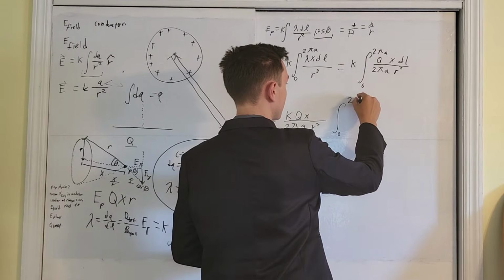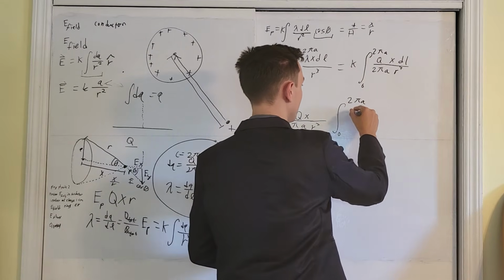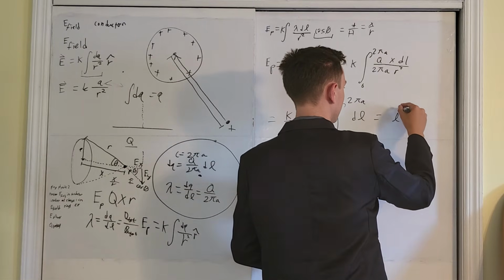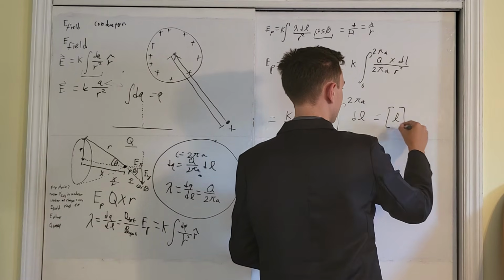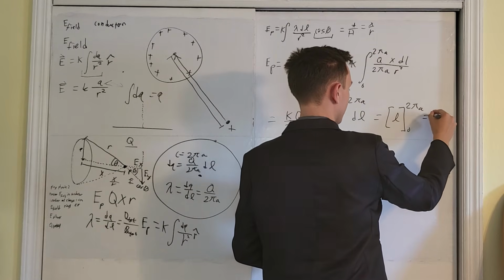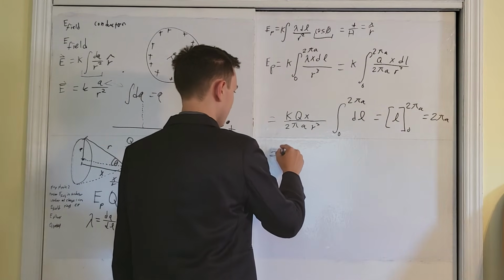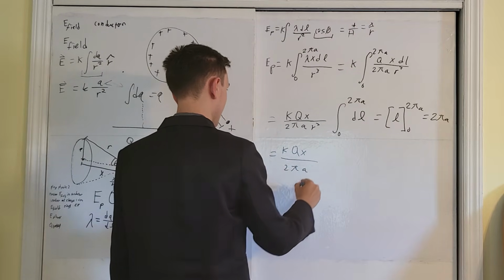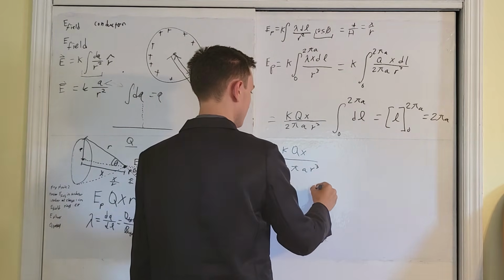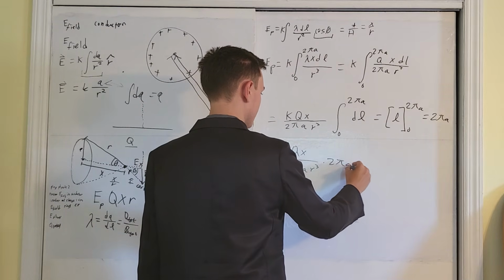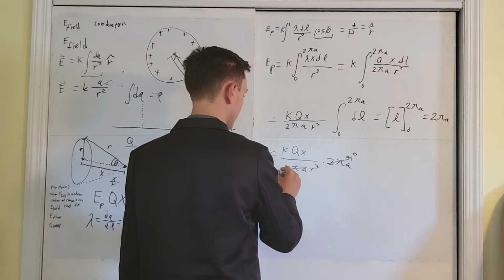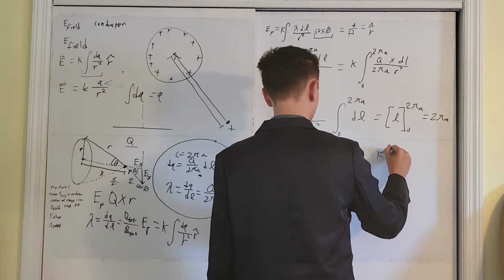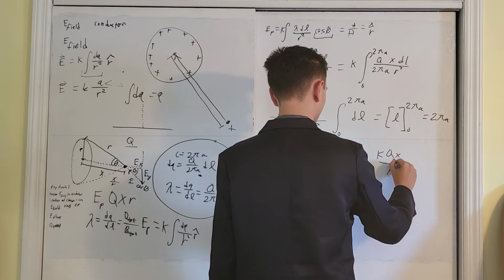I'm just doing the integral from 0 to 2 pi a of dl, which is going to be l evaluated from 0 to 2 pi a, which therefore equals 2 pi a. Therefore equals k q x over 2 pi a r to the third times 2 pi a. This cancels with this, and I'm therefore left with k q x over r to the third.